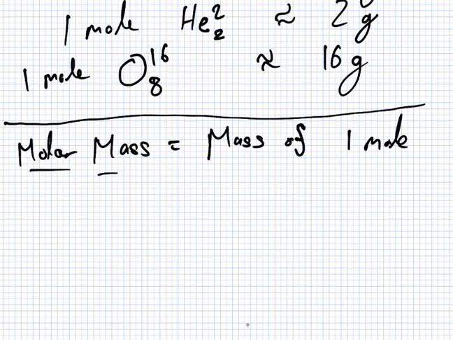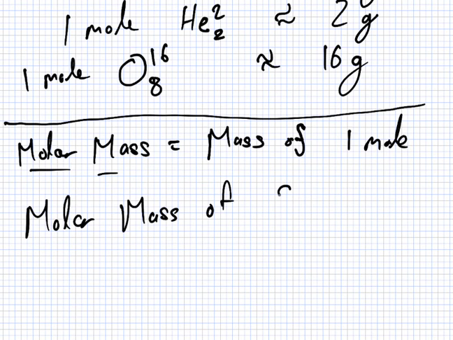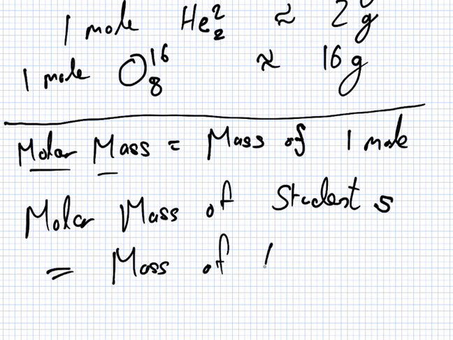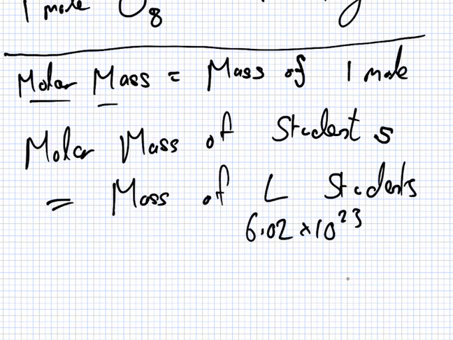So for example, what would be the molar mass of students? Big or small? Big. Ginormously big, because it's going to be the mass of a mole of students, which is 6.02 times 10 to the 23. So this is going to be something huge, like 6 times 10 to the 25 kilograms per mole.